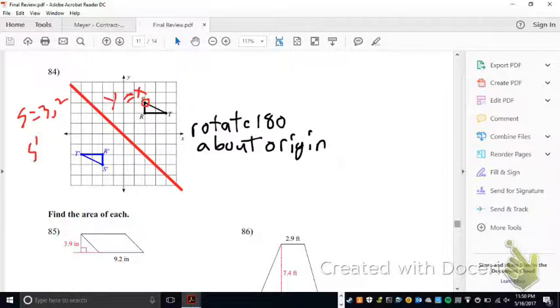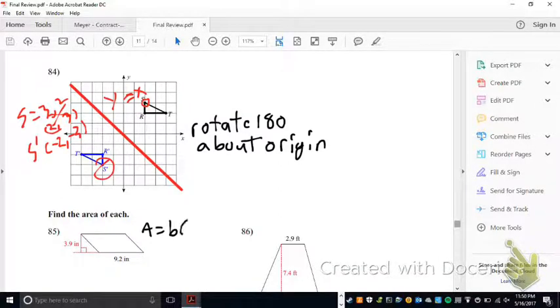So S prime goes from 3, 2 through switching the positions, and then we switch the plus/minus values. So we get -2, -3, and hey, check it out, that's where S prime is. So rotating 180 degrees about the origin is the same exact thing as reflecting over the line y equals -x. Neato, huh? Okay, 85. Home stretch, people.